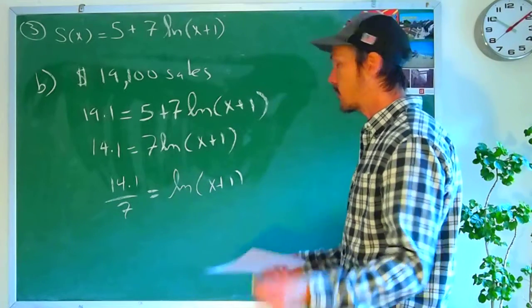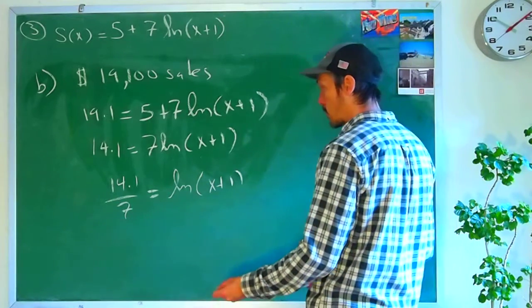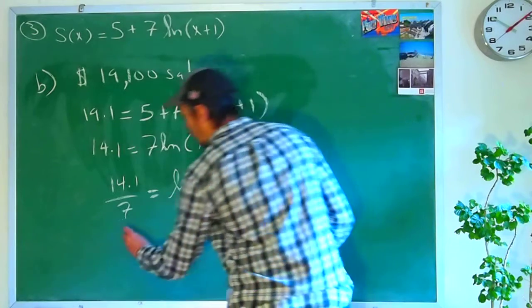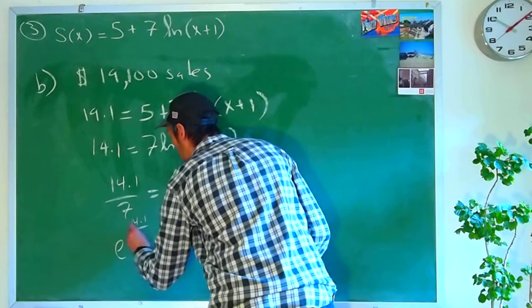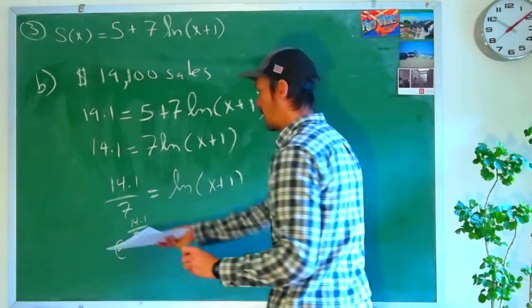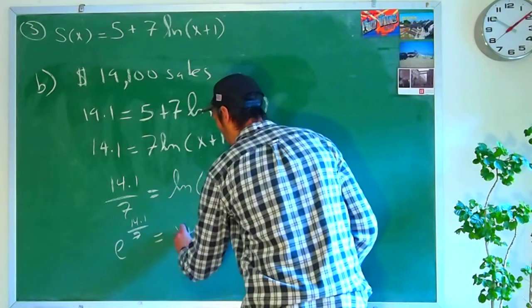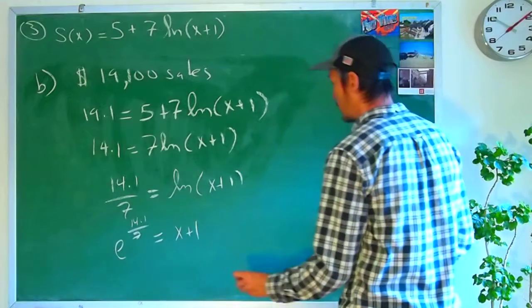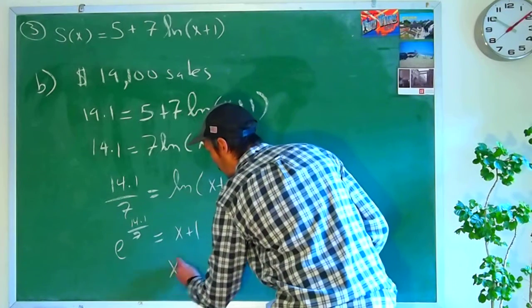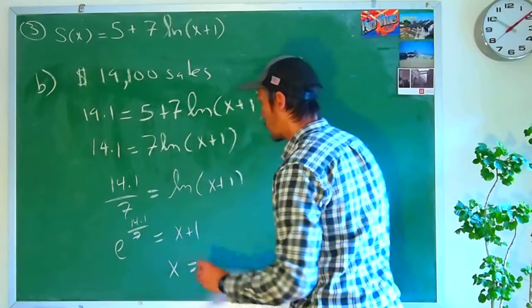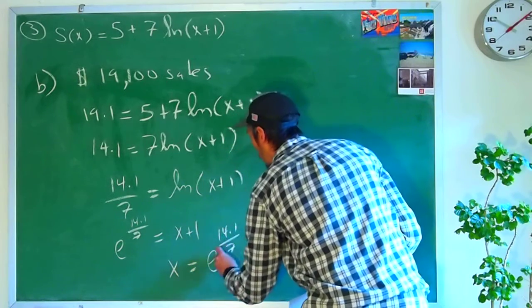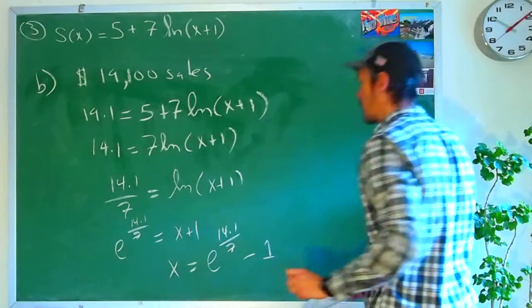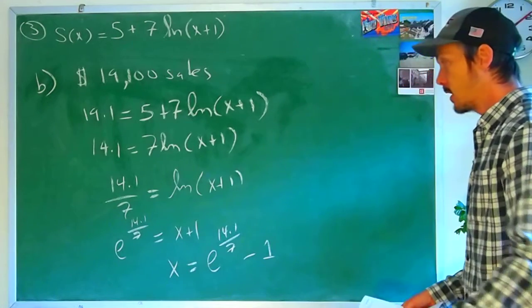So I will convert this to an exponential expression, base e. So this is e to the 14.1 over 7, equals x plus 1. And so finally we can solve for x, and x is going to be this expression minus 1, so that's e to the 14.1 over 7, and that whole thing has 1 taken away from it.